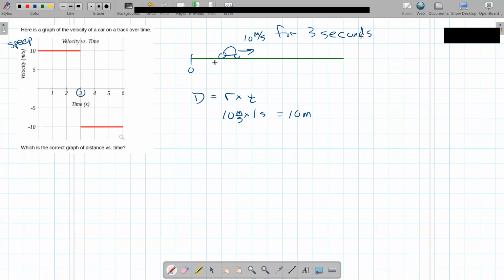So maybe right here, that's 10 meters away, 1 second later. And then 2 seconds later, well, it's just going to keep moving at 10 meters per second. So another second goes by and it's going to be over here at 20 meters. And that would be 2 seconds later. And then another second goes by and it's going to be over here, 30 meters from the starting point, 3 seconds later.